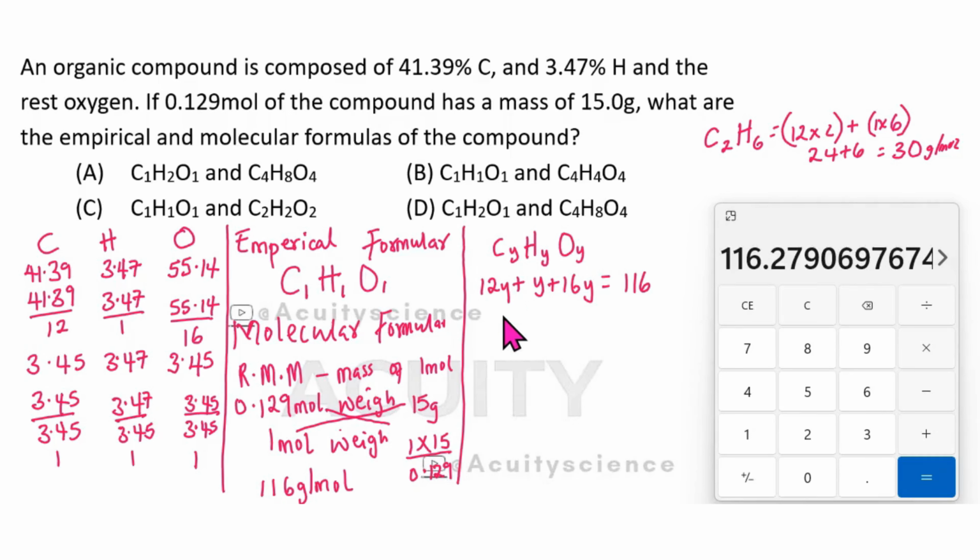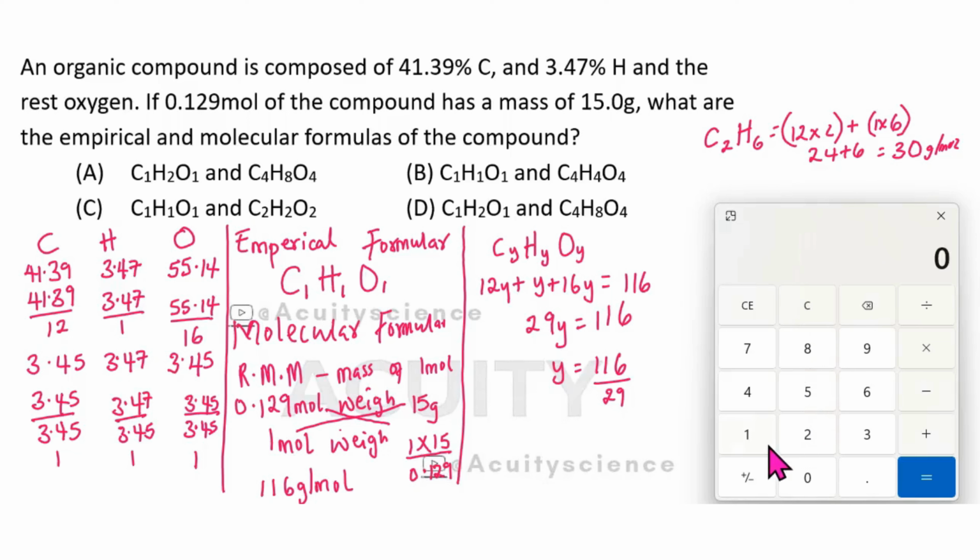All right, so 12 plus 16 is 28, plus 1. We have 29y equals 116. So y is 116 over 29. Let's find out. 116 divided by 29 is 4.